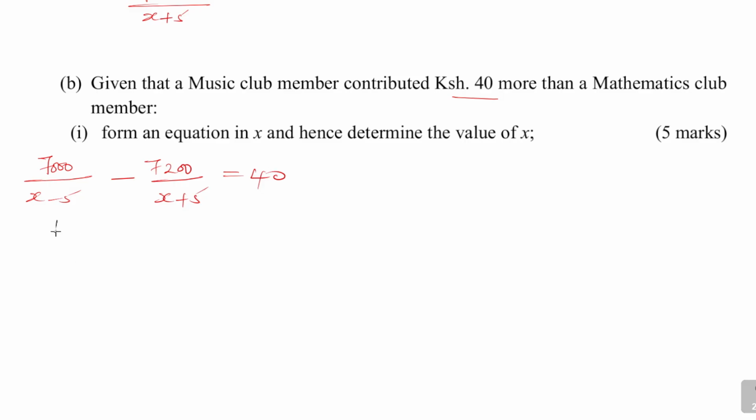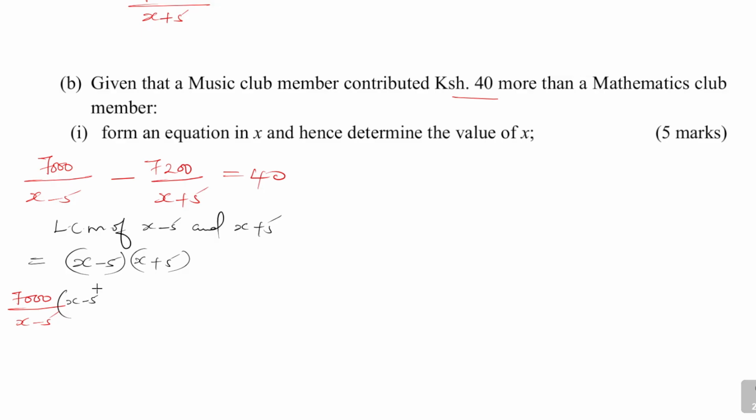I will first get the least common multiple of X subtract 5 and X plus 5. So the LCM is X minus 5 times X plus 5, that is the least common multiple. Then multiply each term by that. So we have 7,000 divided by X minus 5, you multiply that by X minus 5, X plus 5.